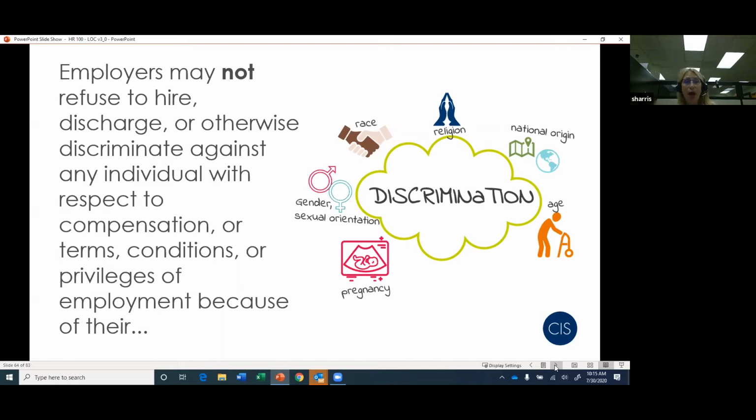Another reason why discipline documentation is so important: if you're not documenting your discipline and then you discipline an employee who doesn't know that they've been doing anything wrong, they're going to say, you know what, I think you're disciplining me because you want to get rid of me because you found out I'm of the religion of XYZ, and I know you don't like people of that religion. So your employee will come up with a discriminatory reason for the why, if we don't fill it in.